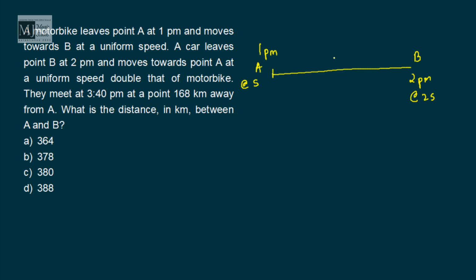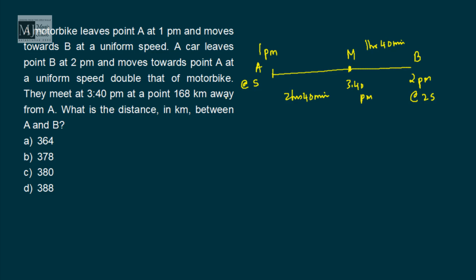They meet at 3:40 p.m. Suppose the meeting point is M, that is at 3:40 p.m. That means the motorbike must have traveled 2 hours 40 minutes to reach this point, and the car has traveled 1 hour 40 minutes to reach point M.